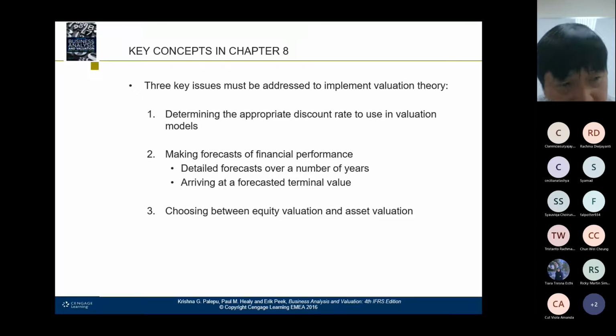Second factor, there is the appropriate discount rate. It is used in your denominator. Future cash flow you estimate is used in the numerator.